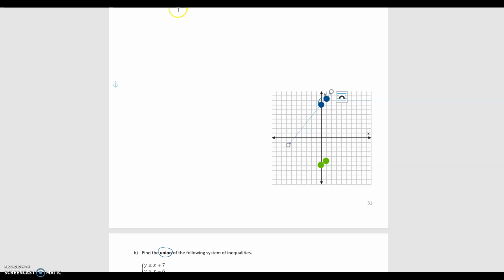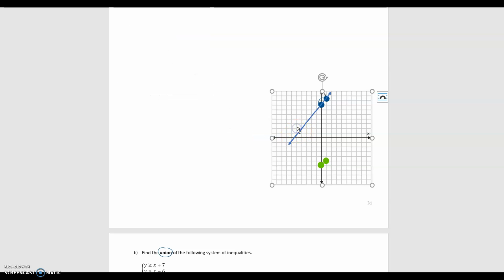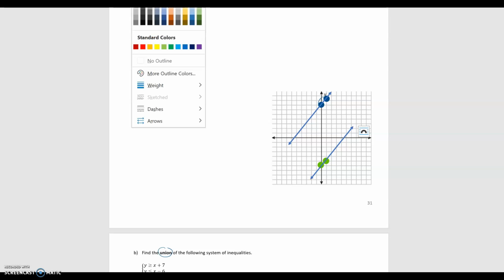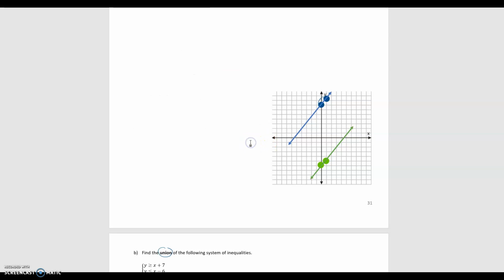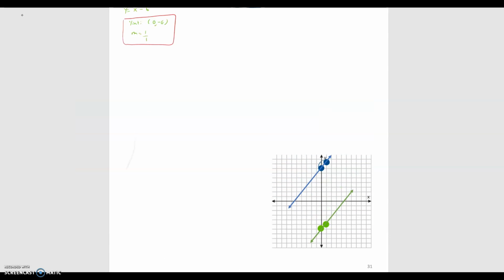Okay, so here's the first one. Let me make it a little bit thicker. I think that's perfectly fine. Let me copy this and see if it lets me paste it, and then we can just change the color. Okay, so let's take a look at the parts of the inequality that we would be shading.